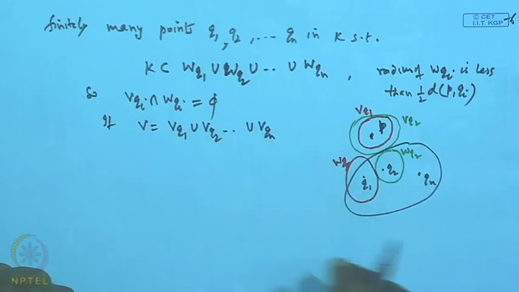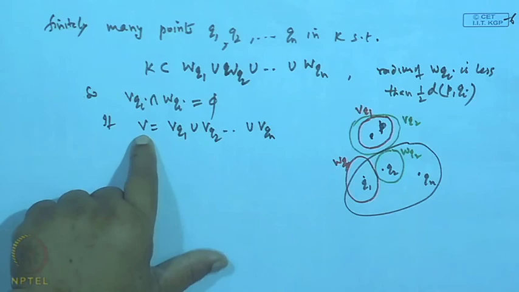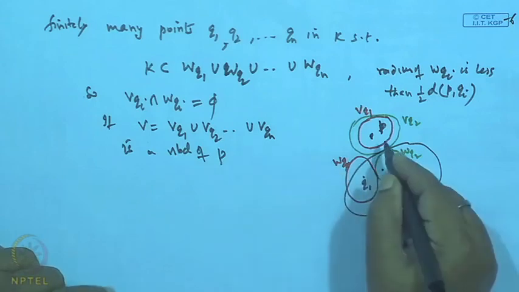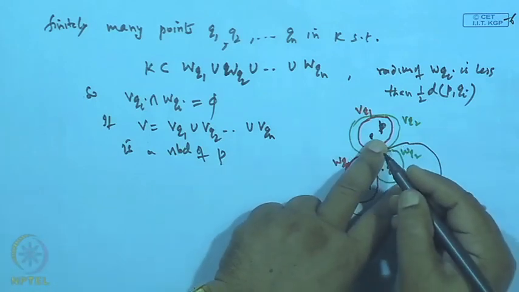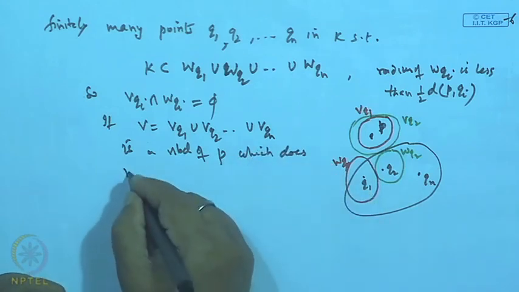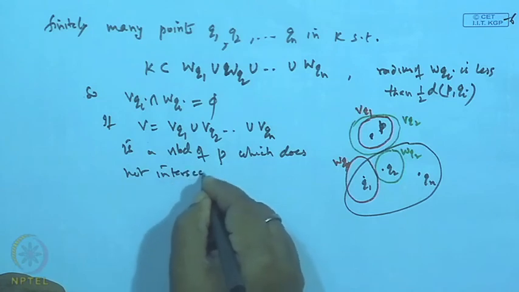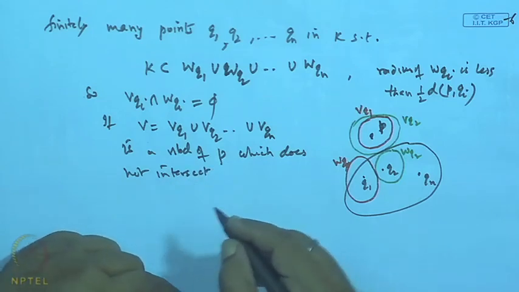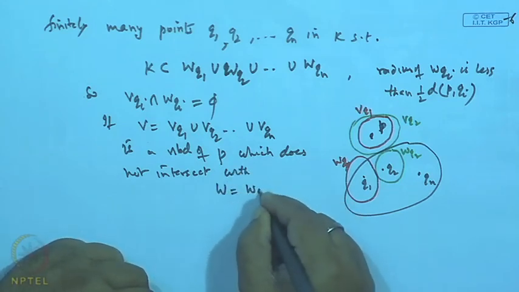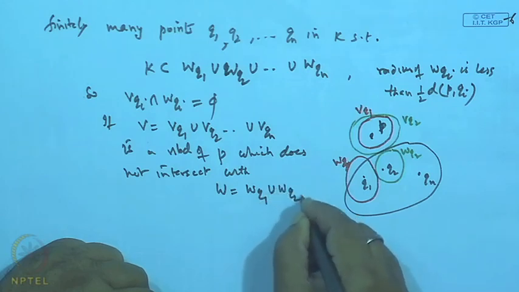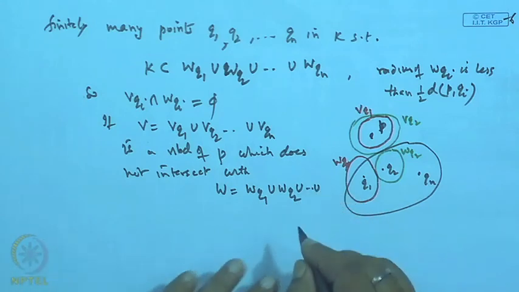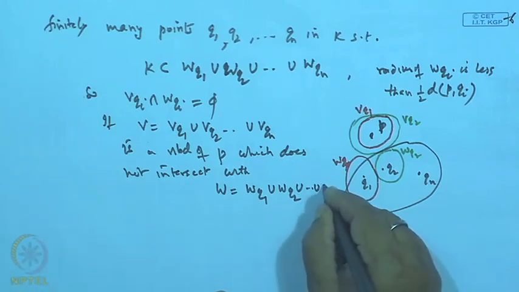then this is a neighborhood of P, and this neighborhood does not intersect with W, which is W q 1 union W q 2 union up to W q n.